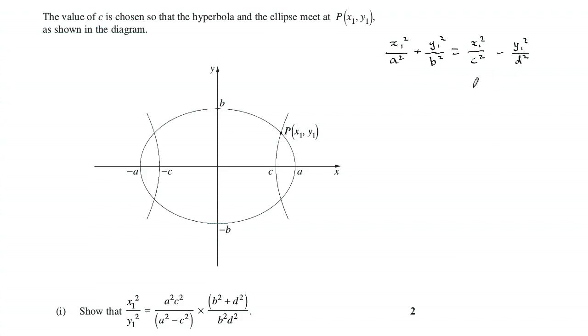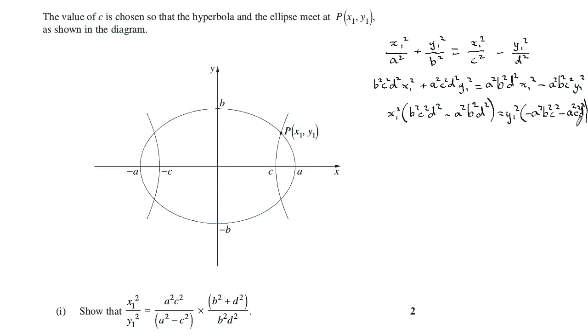I find them messy. So let's do that. Alright, and then what we could do is move all of the x stuff over one side and all the y stuff over the other side. So I'll move that over there and move that over there. And then let's divide both sides by that and divide both sides by that.